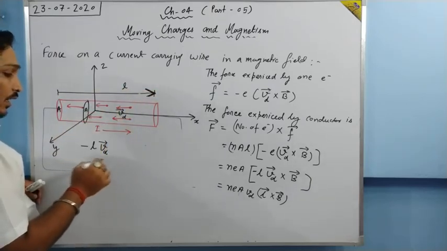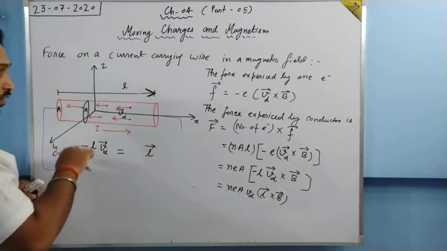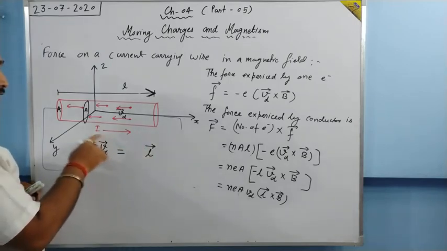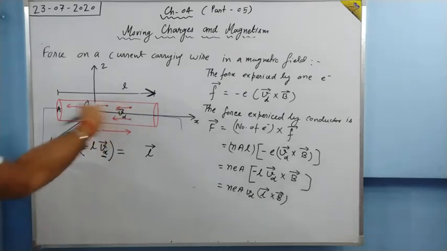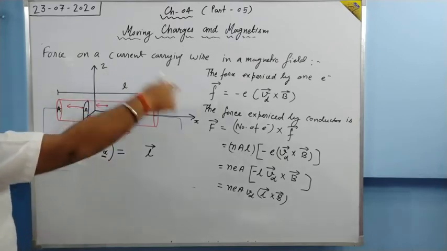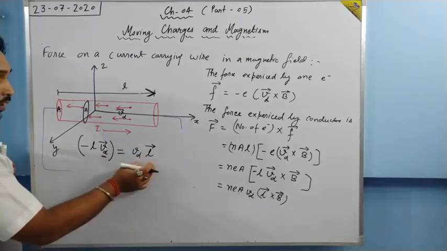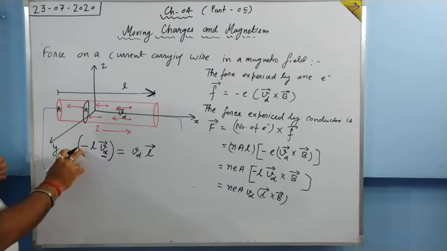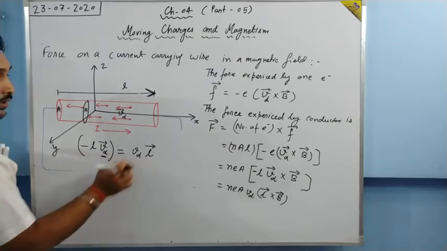So if we take the vector L opposite to the direction of Vd, because of the minus sign the result becomes in this direction, which is the direction of L. If we take only the magnitude of Vd, the product remains the same. What is the direction of minus Vd? In the direction of L. So basically this can be written as this.